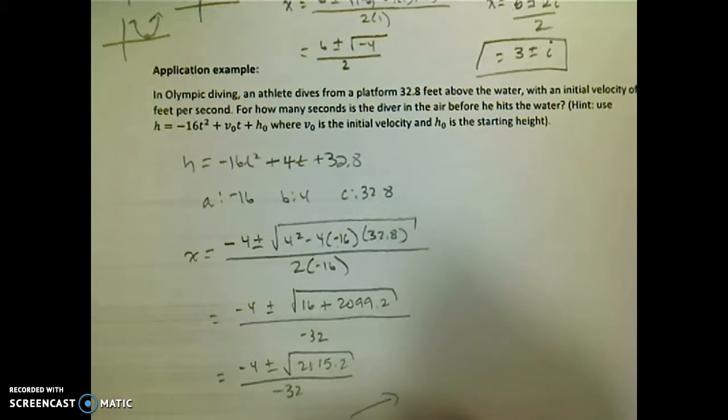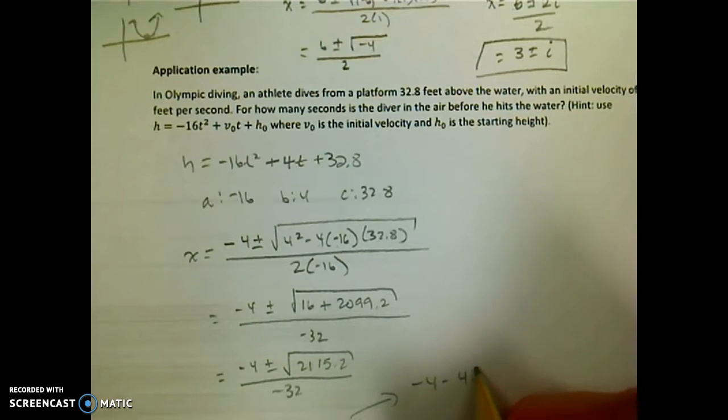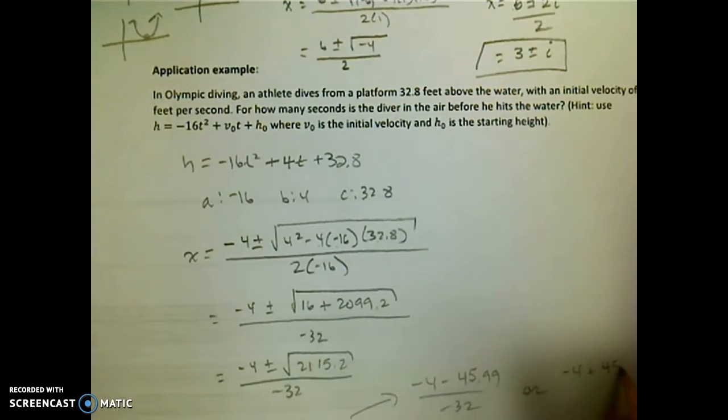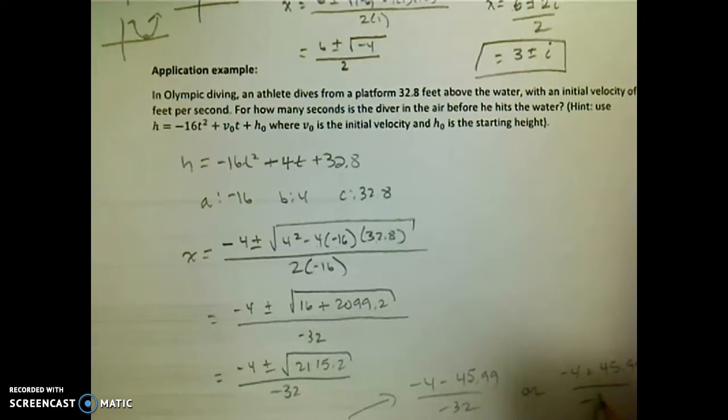Now let's split this in two. Negative 4 minus 45.99 all over negative 32, or negative 4 plus 45.99 over negative 32.